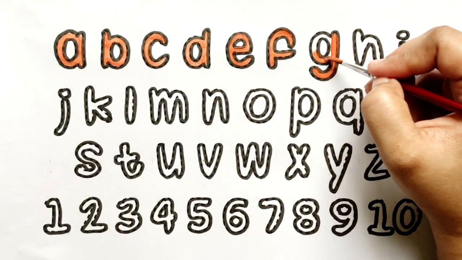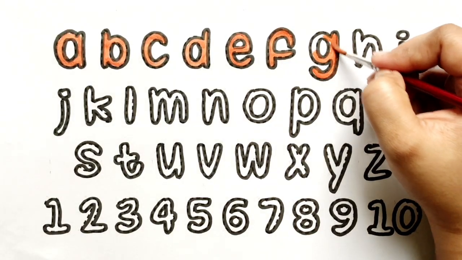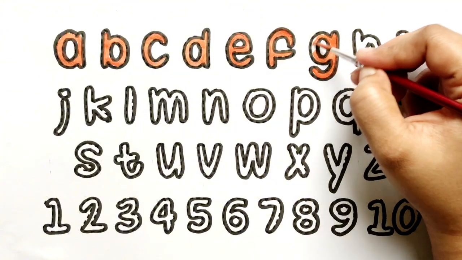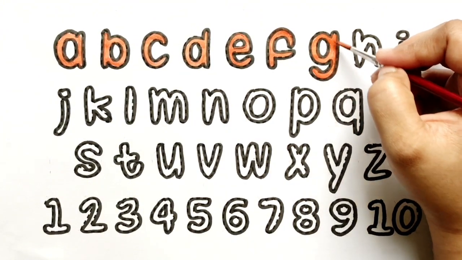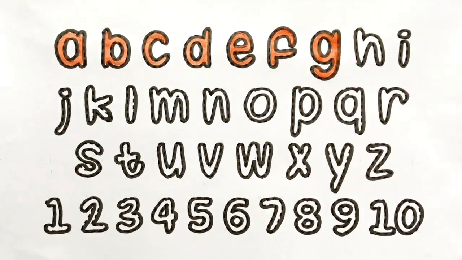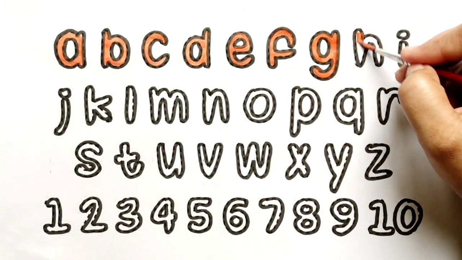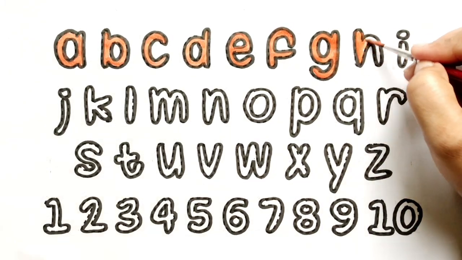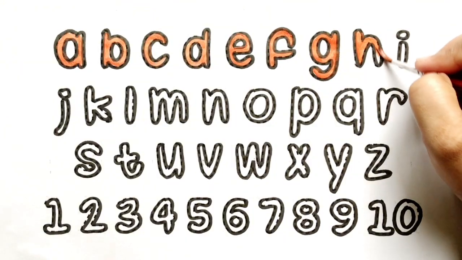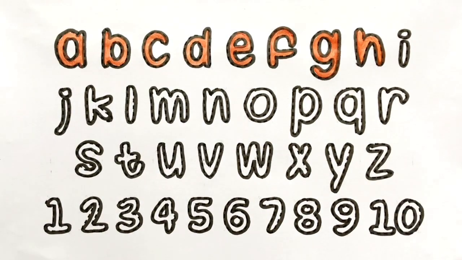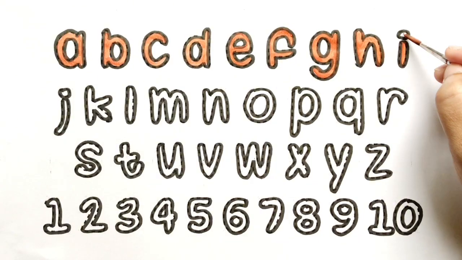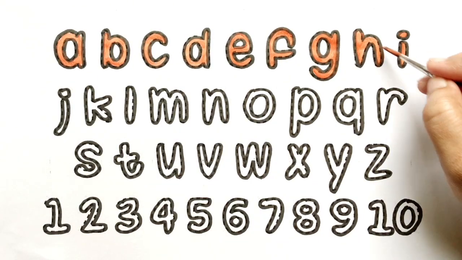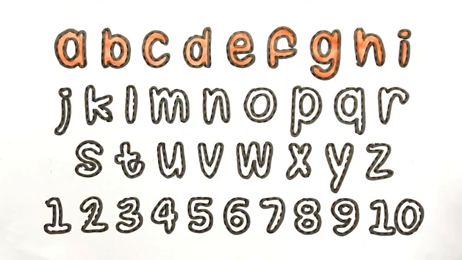A, B, C, D, E, F, G, H, I, J, K, L, M, N, O, P, Q, R, S, T, U, V, H for house. X, Y, and Z. Now I know my ABC. I for igloo. Next time, won't you sing with me?